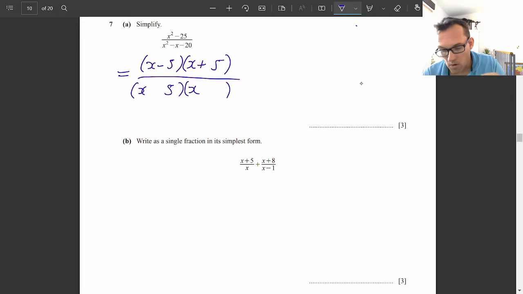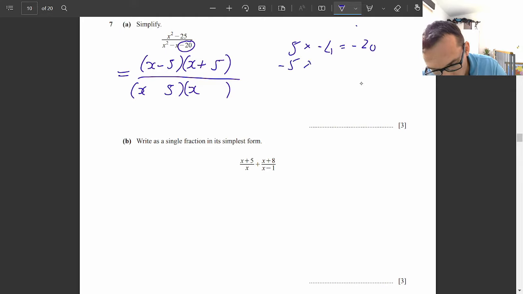What we're looking for is 2 numbers that multiply together to give us minus 20. So this is going to be either 5 times minus 4, which gives us minus 20, or minus 5 times 4, which also gives us minus 20. When we add the 2 terms together, though, we need to get negative 1.